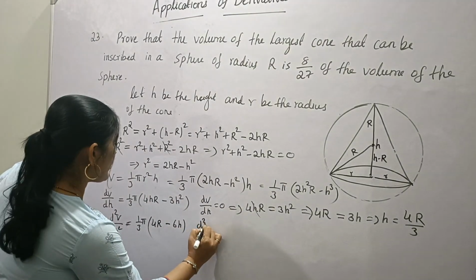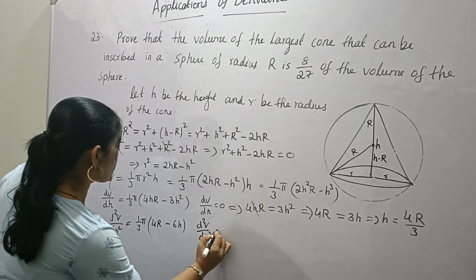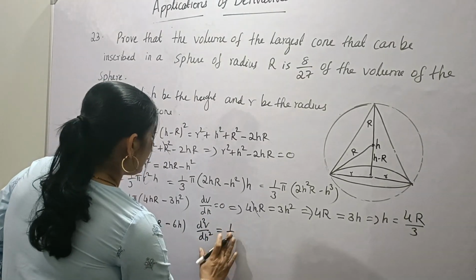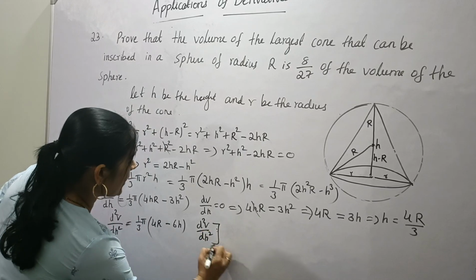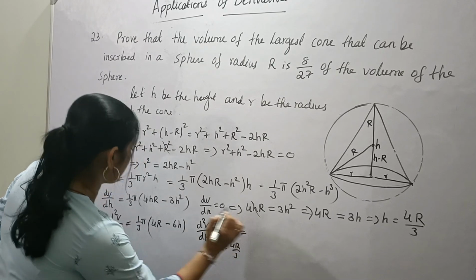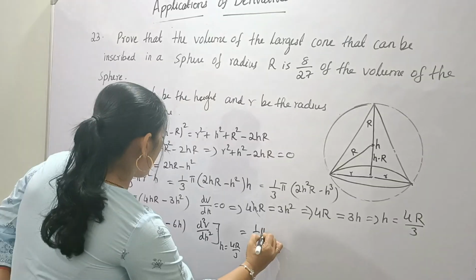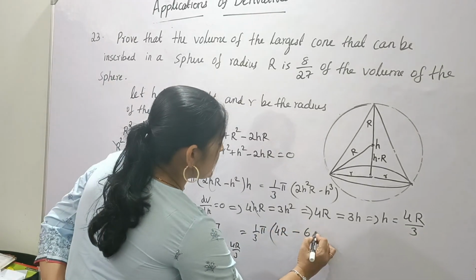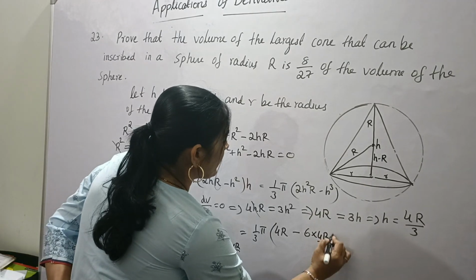So d square v by dh square when h is equal to 4r by 3 is equal to 1 by 3 pi into (4r minus 6 into 4r divided by 3).